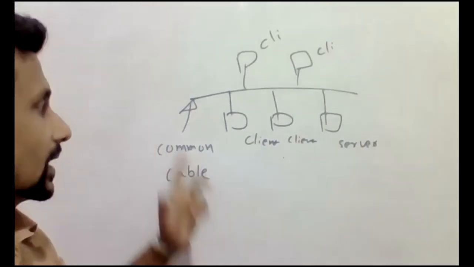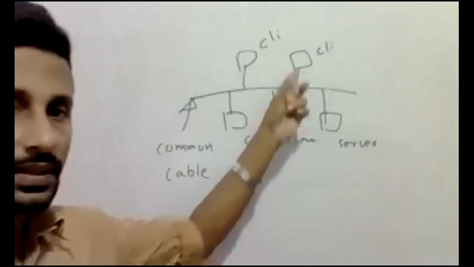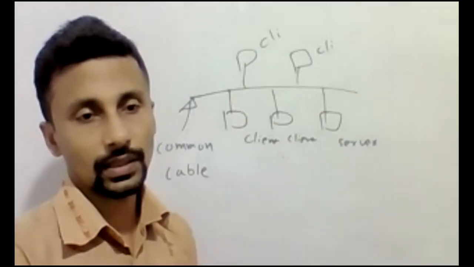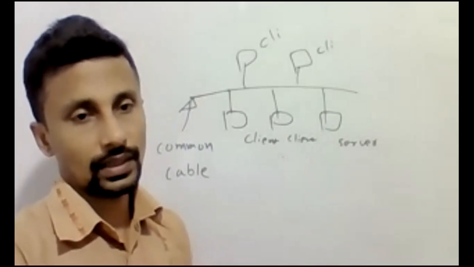There is a common cable, and to that cable all the computers are connected. One of them can be the server and the others can be client computers. Take it down.